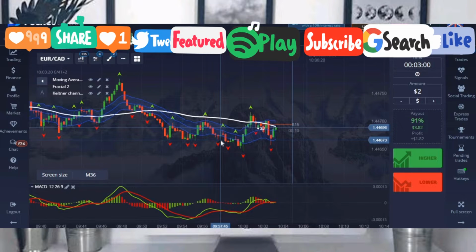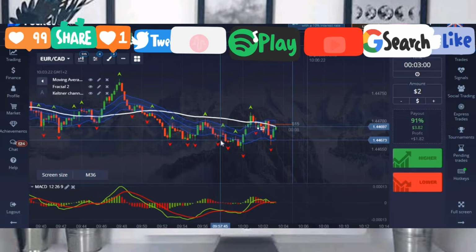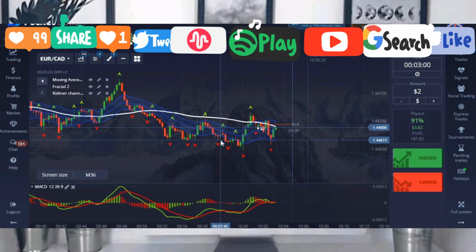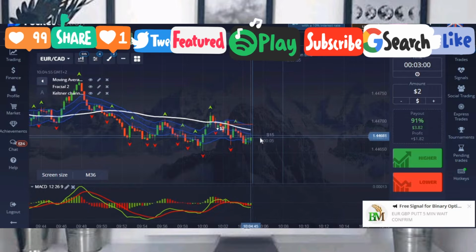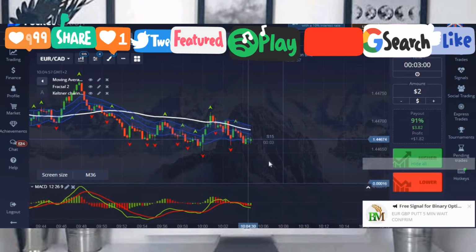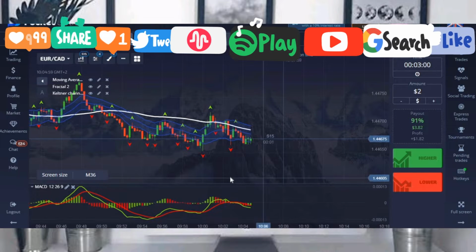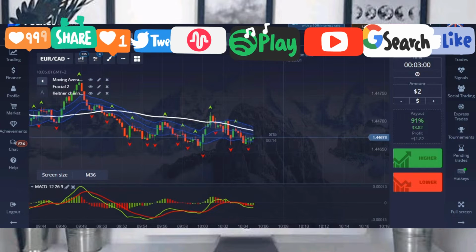Here you will find a strong signal when the price and the channel's middle moving average go down. You will trade in the downtrend.